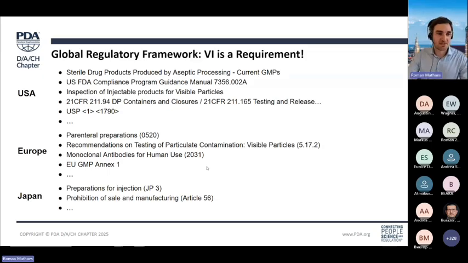So after this general introduction, I want to shift a little bit to the global regulatory framework. I've listed, for completeness, important guidelines in different areas of the world: US, Europe, Japan. I don't want to read through all the titles of the guidelines, but I think it's important to mention that they're not fully word by word harmonized. One important bottom line is that all these guidelines mention that visual inspection must be performed.